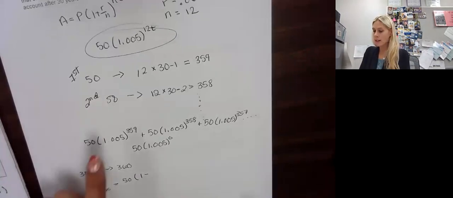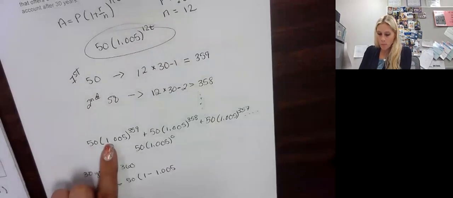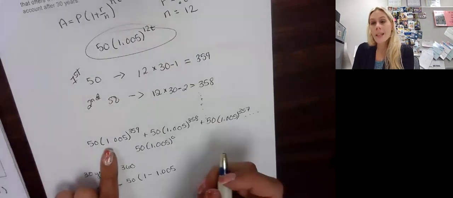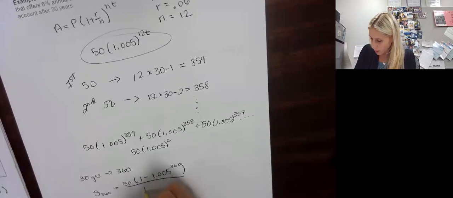So we have our a sub 1, which is 50, because that's what we're starting out with, the original 50, right? And then we are saying 1 minus our common ratio, 1.005, raised to our n, which is 360, all over 1 minus our common ratio.